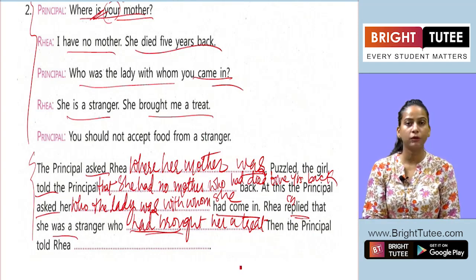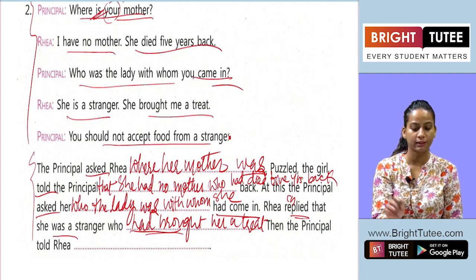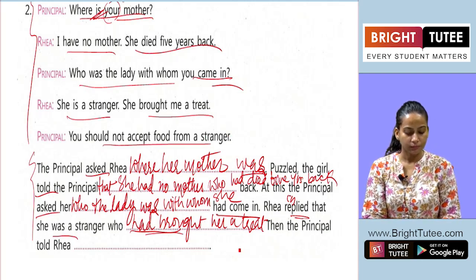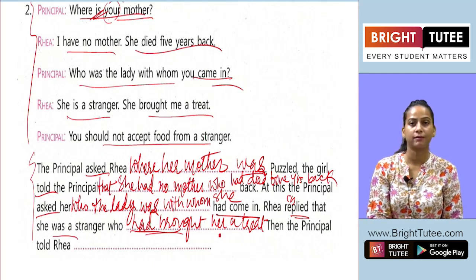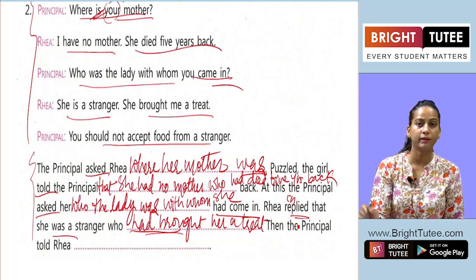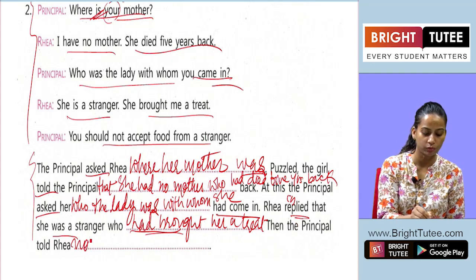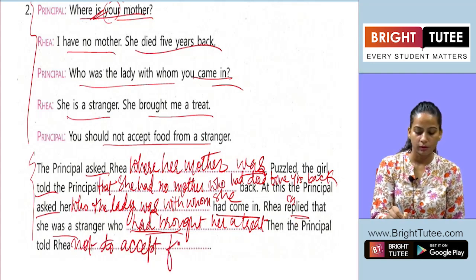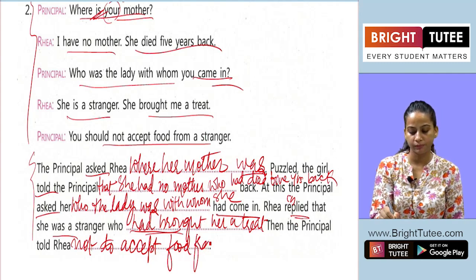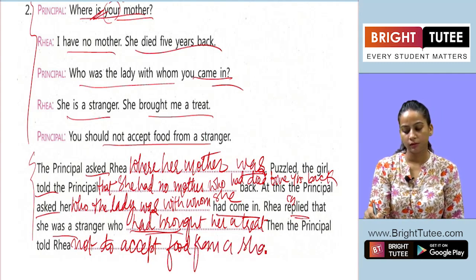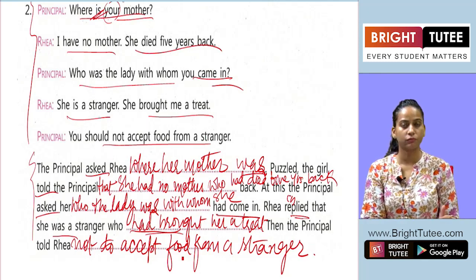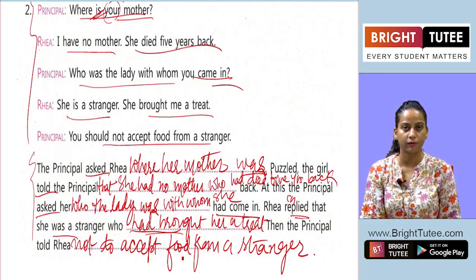Then the principal told Riya, you should not accept food from the stranger. So, what was told? Riya not to accept. Then the principal told Riya not to accept food from a stranger. Clear? So this was also the second exercise that we have taken based on the direct and indirect speech.